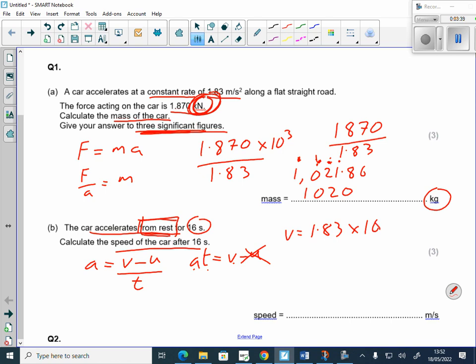We pop them into the calculator, and we get 29.28. And again, you could write that out. It doesn't say a number of significant figures, so that will get you all the marks anyway. But if you wanted to do it to three significant figures, you can go 29.3 meters per second. And that's how you do that.